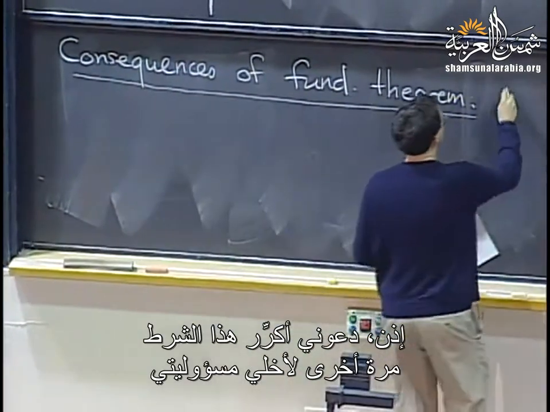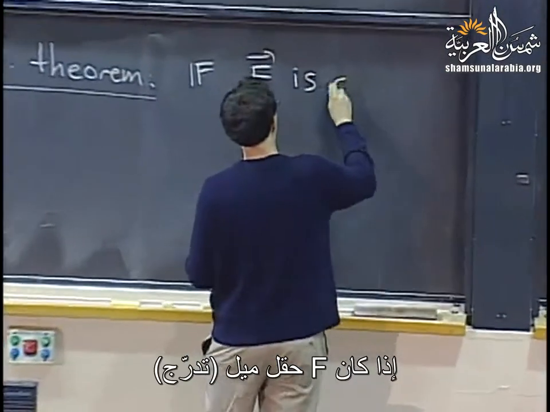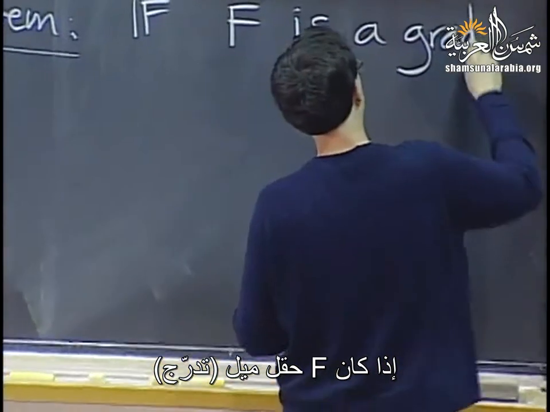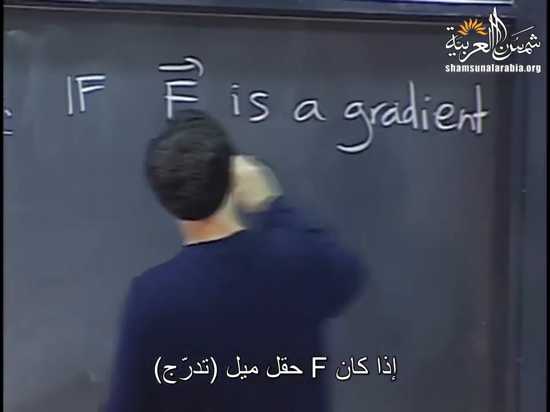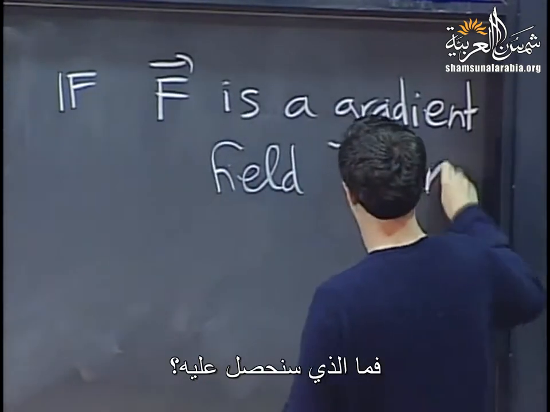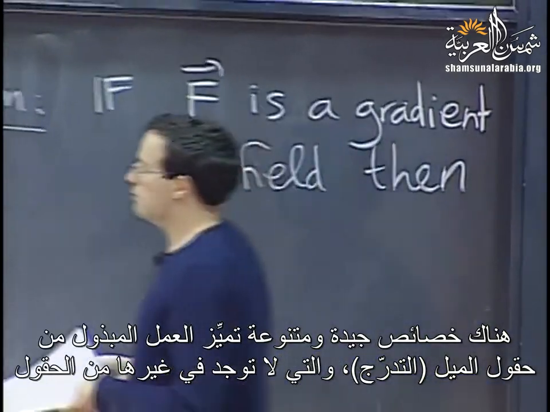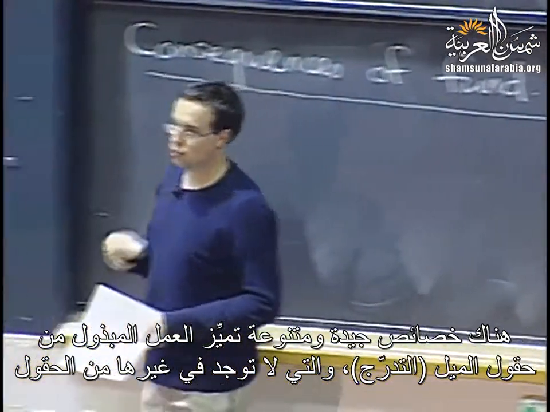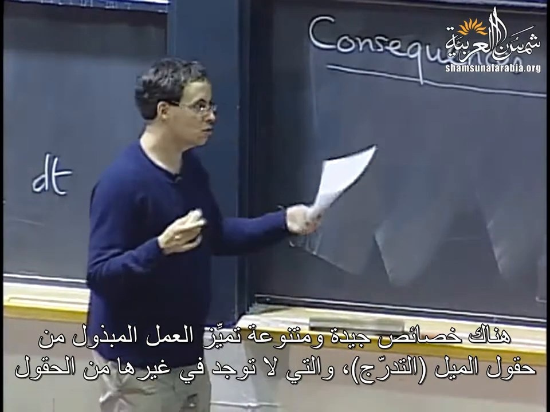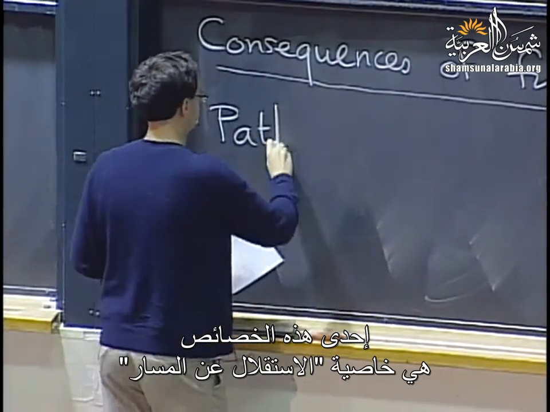So, just to put one more time this disclaimer, if f is a gradient field, then what do we have? Well, there are various nice features of work done by gradient fields that are not true for other vector fields. One of them is this property of path independence.